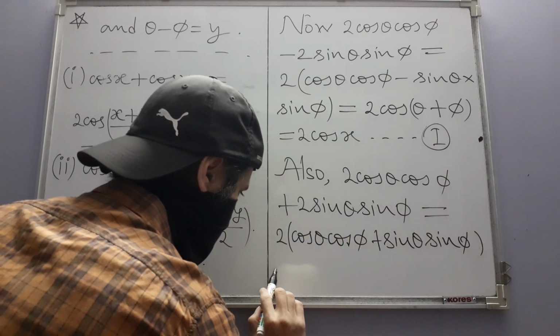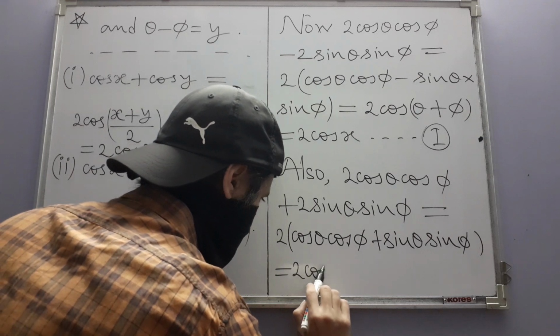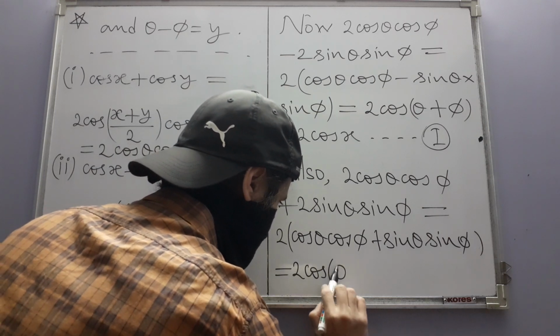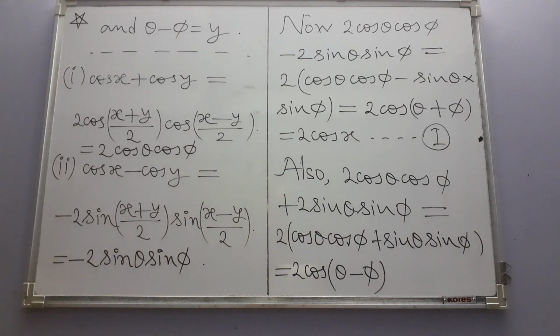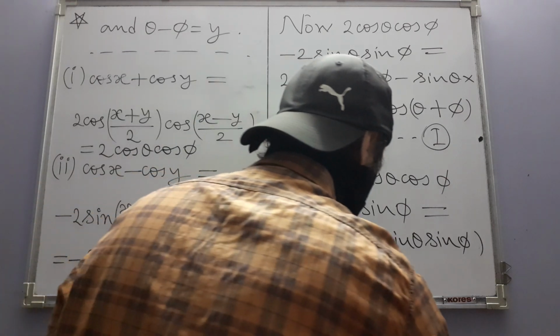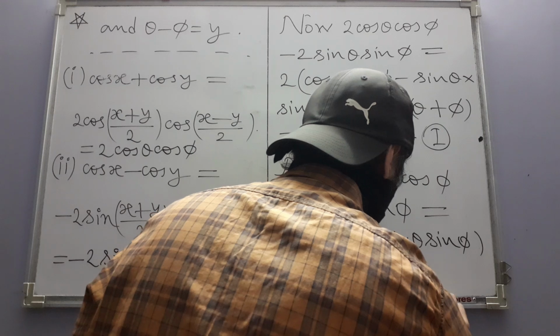And you know that this is 2 times cosine of (theta minus phi), and theta minus phi is y. So you get 2 cos y.